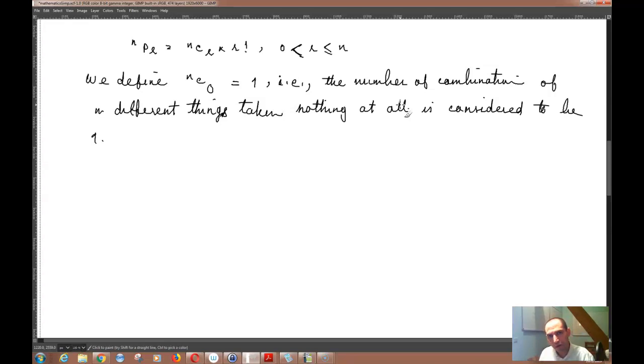Taking nothing at all means leaving everything behind, meaning that you're not selecting anything. That can only be done in one way. So the number of combinations of n different things taking nothing at all is equal to 1. That is a definition.